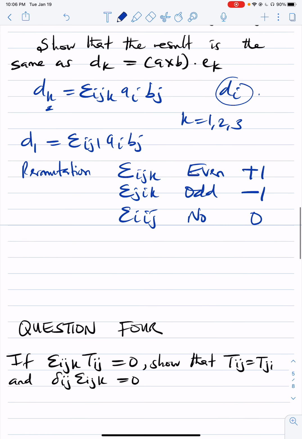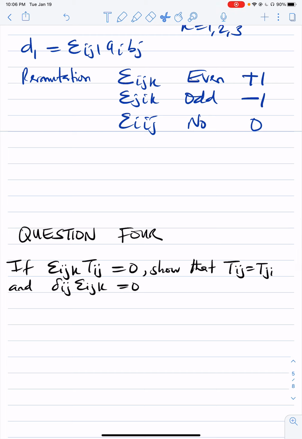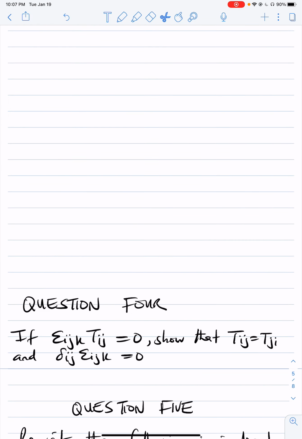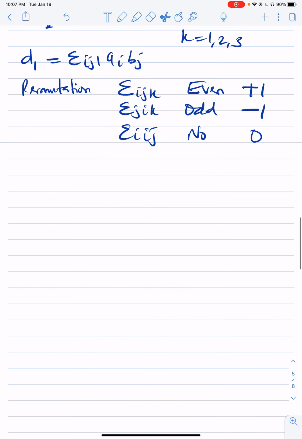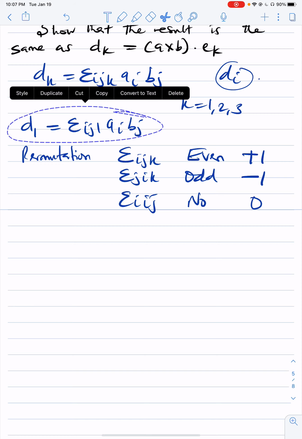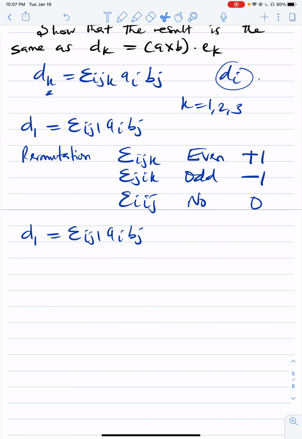If you look at this expression closely, remember, this is the original expression here, right?